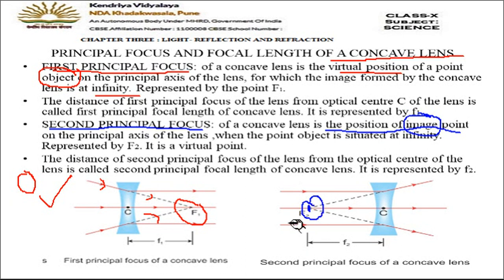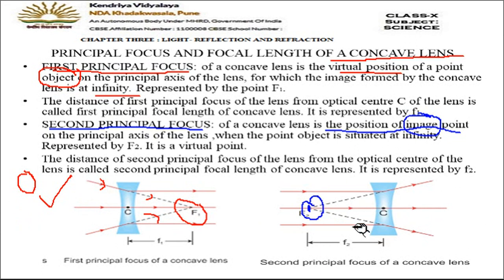Don't worry if you can't learn the definitions as they are, make them short. Try to get the concept of it, and you can write in your own simple language also. The case is the same as with a convex lens, where we have two focus points. In a concave lens also we have two focus points, one on the left side, the other on the right side.